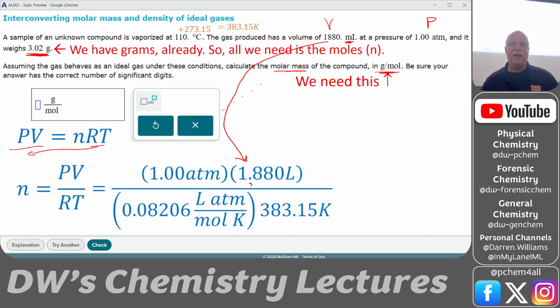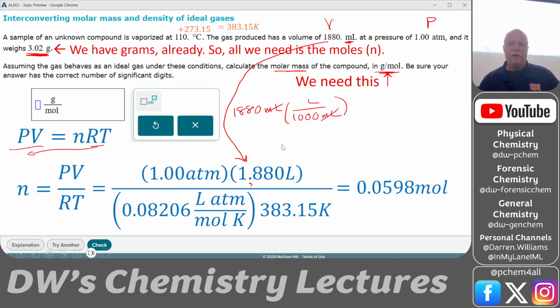If you don't like that, you could do the full 1,880 milliliters, and there's 1,000 milliliters per liter. Milliliters cancel, and I've got 1,880 divided by 1,000, so that gives me the 1.88. And that equals 0.0598 moles. Great, I got an answer on my calculator.